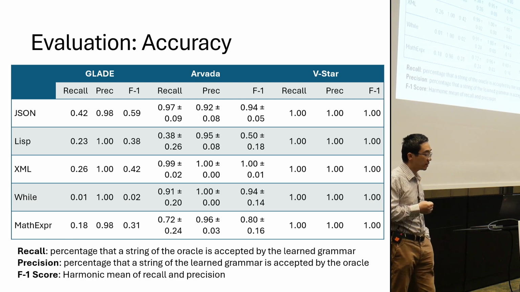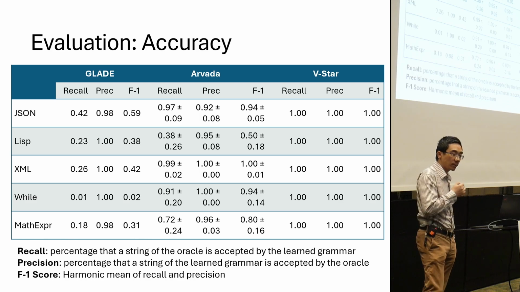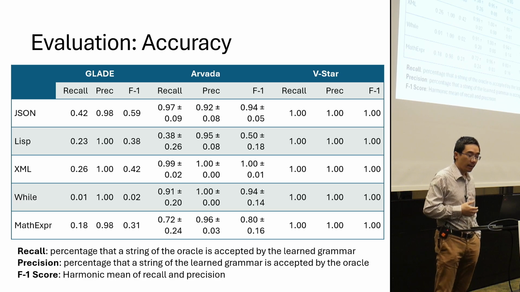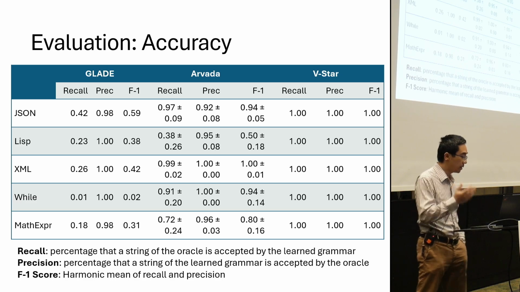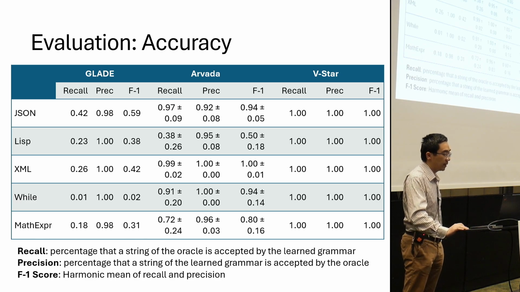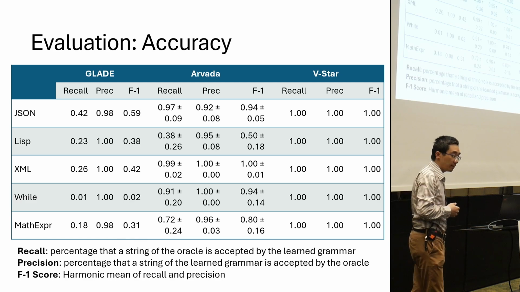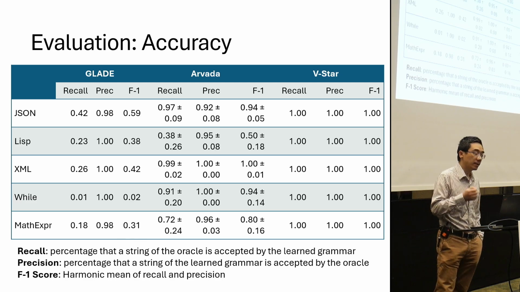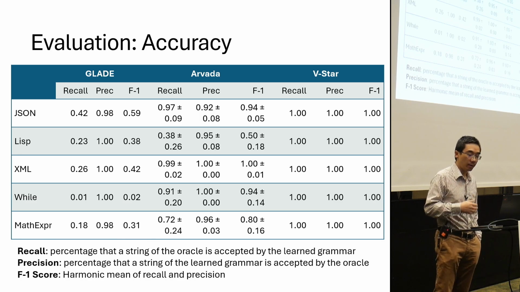We use standard metrics, including recall, precision, and F1 scores. As you can see, for these grammars, V-Star actually achieved perfect learning, and its accuracy is substantially higher than Glade and Arvada. So this shows that by exploiting nesting structures, we get much higher accuracy.